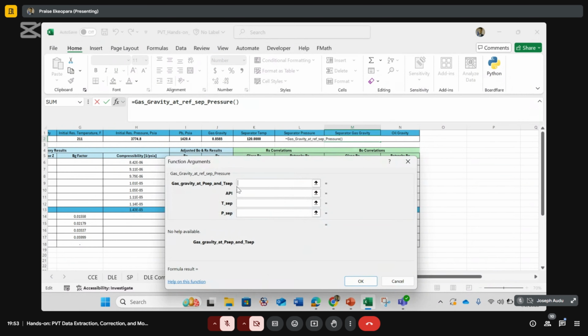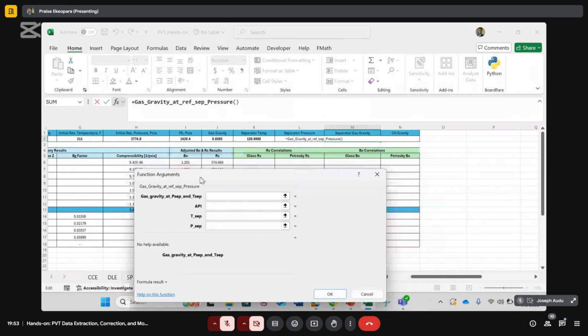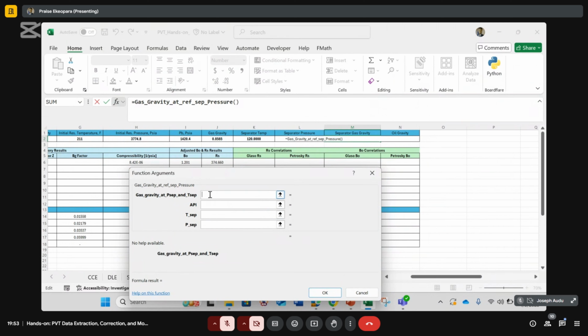I've actually written a VBA code to handle this, and when I share this with you, you will see it as well. So this gas gravity at separator pressure and temperature will just be this one we have here.